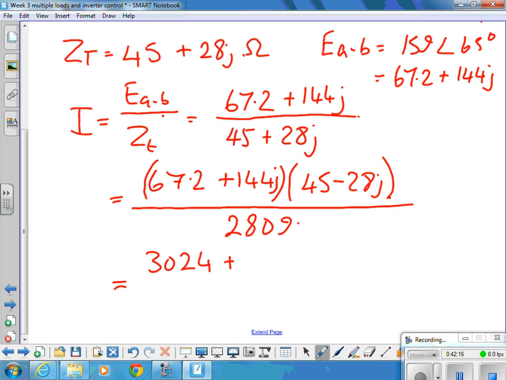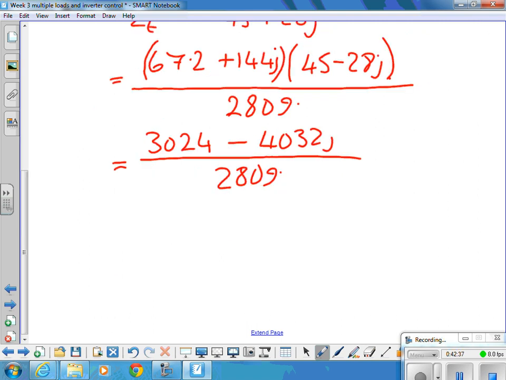Plus 144 times minus 28, must be negative, all over 2809.